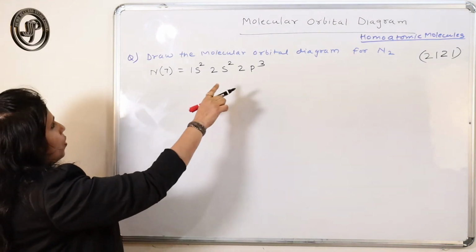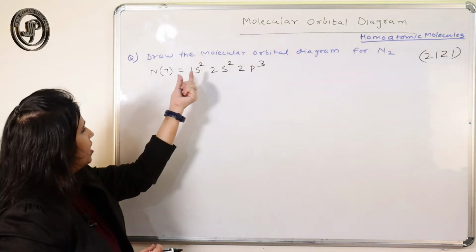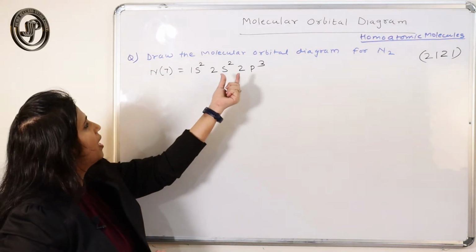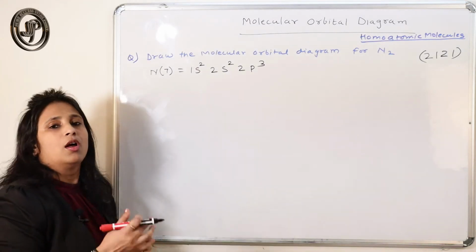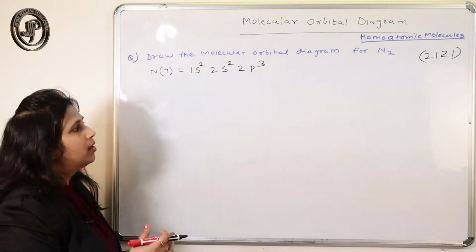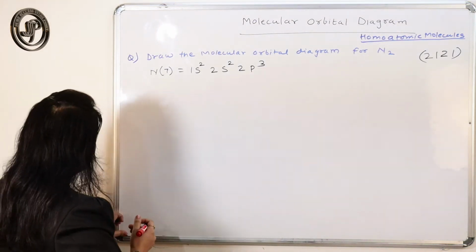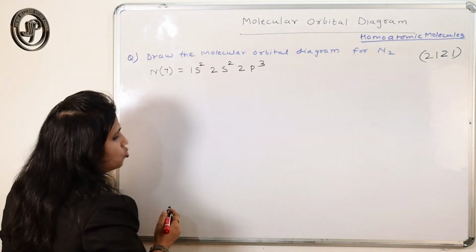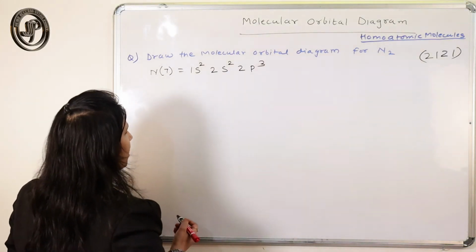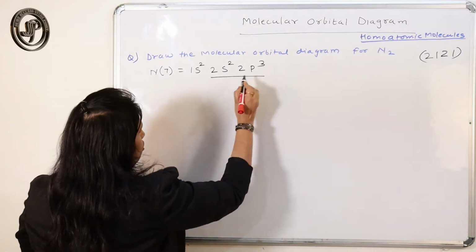The 1s orbital, 2s orbital and 2p orbital overlap, because we have another nitrogen, so one N overlaps with the other N. So we have to draw the molecular orbital diagram. Generally we draw the molecular orbital diagram for valence electrons only.